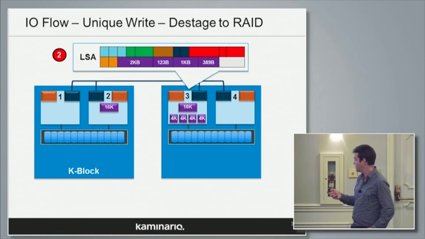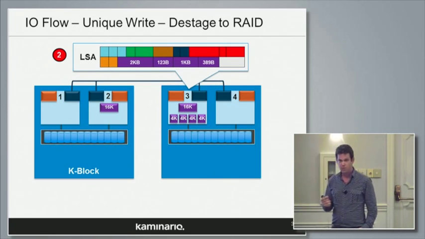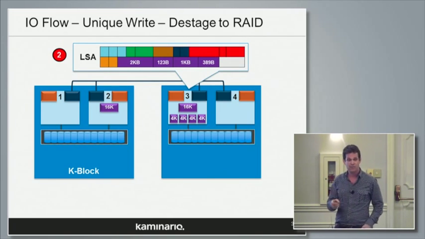And why? Because this allows us to implement byte-aligned compression. Our compression is very efficient. We do not have any internal fragmentation in our compression implementation. In this case, as I mentioned, you have 4 elements of 4K.